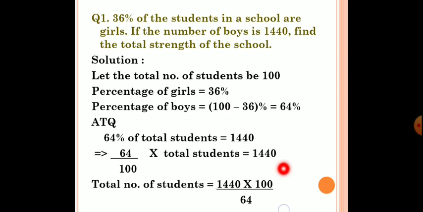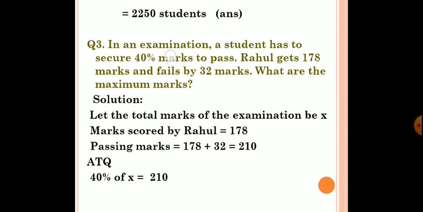So the expression will be 1440 into 100 by 64. If I calculate this, our answer will be 2250. So the total number of students, or the total strength of this school, is equal to 2250 students.